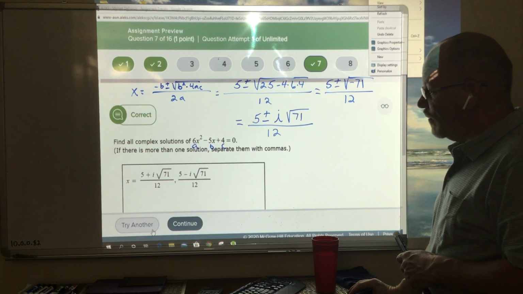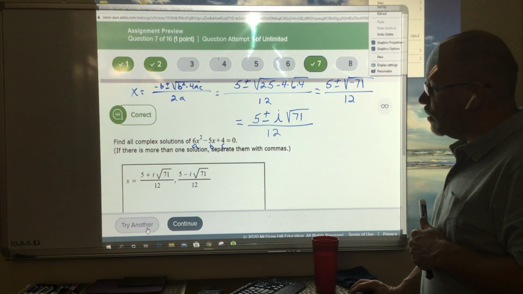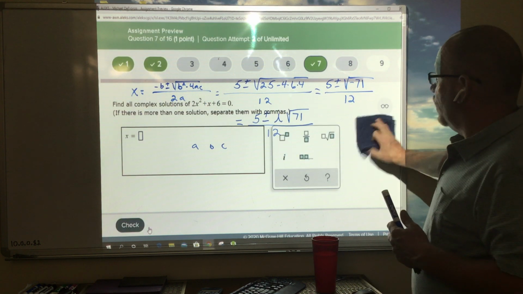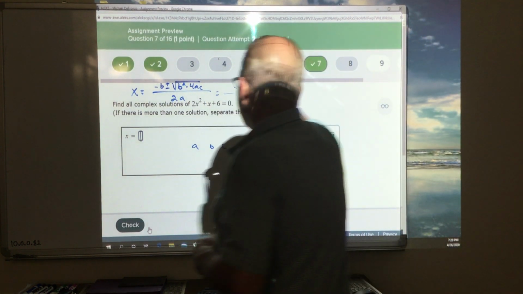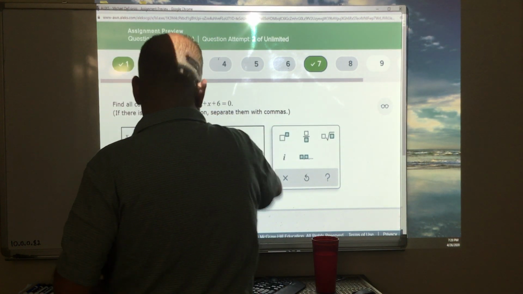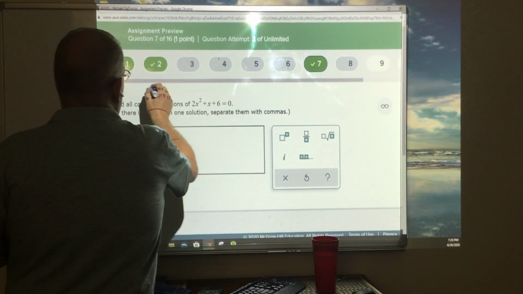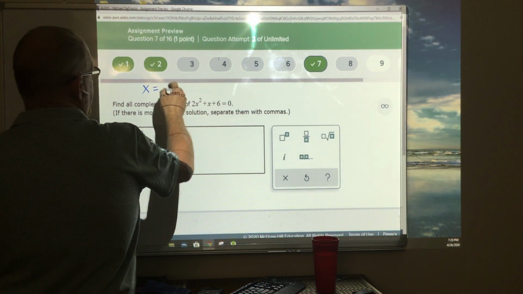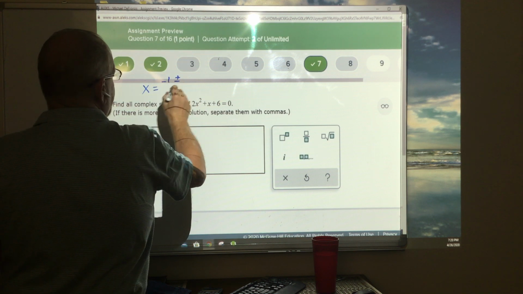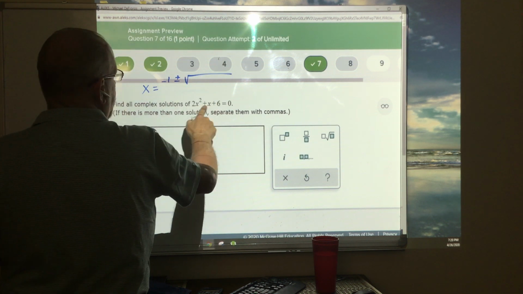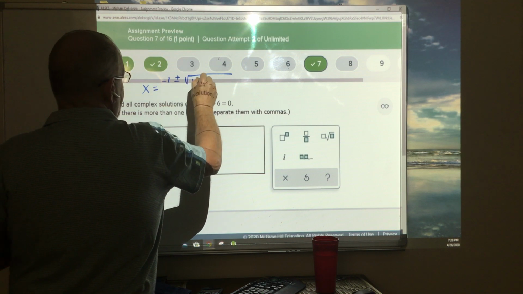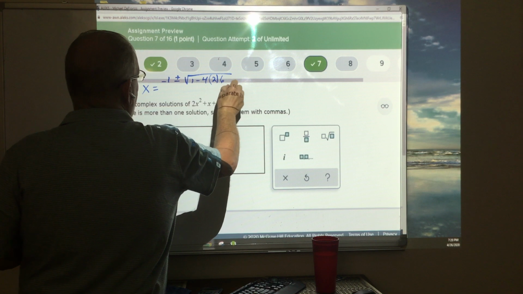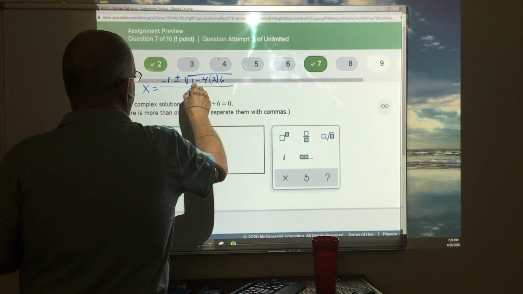So if you think you got it, try one, pause here. In case you didn't have it, I'm going to do another one for you right here. So x equals -b plus or minus the square root of b squared minus 4 times a times c, all over 2 times a.